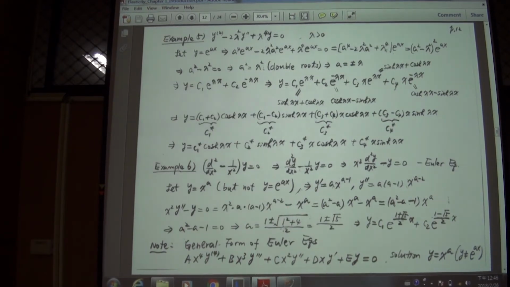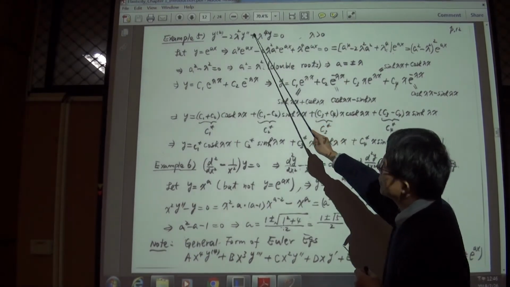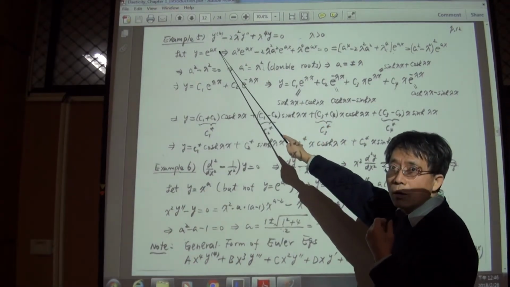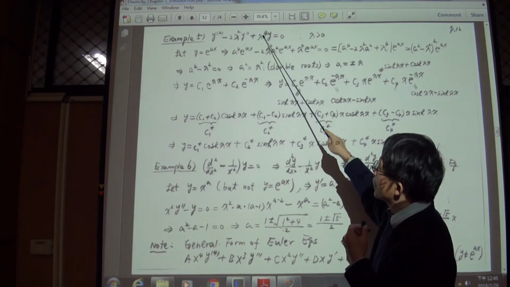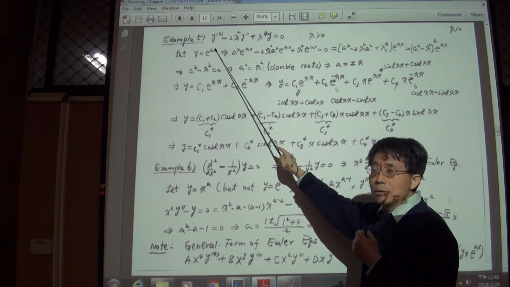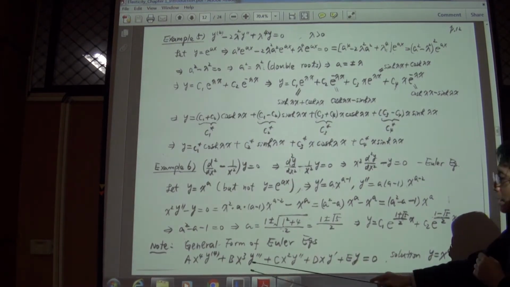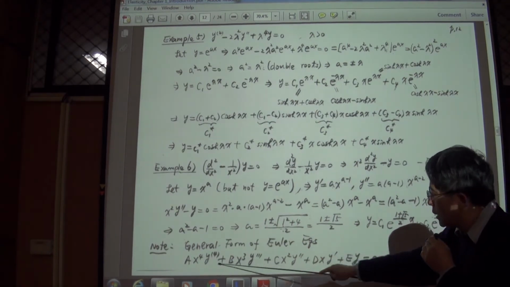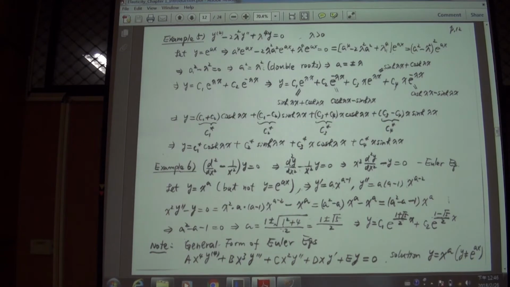See, that one has been used in this equation, which is an equation with constant coefficients. This is constant, this is constant, this is not x. So we let y equal to exponential ax like this. But if your equation is an Euler equation, then you should let your solution be like this.